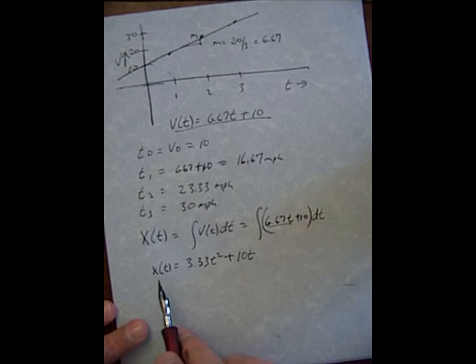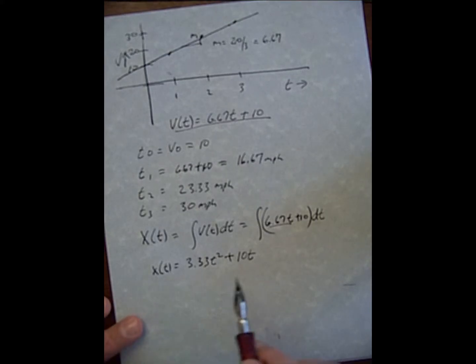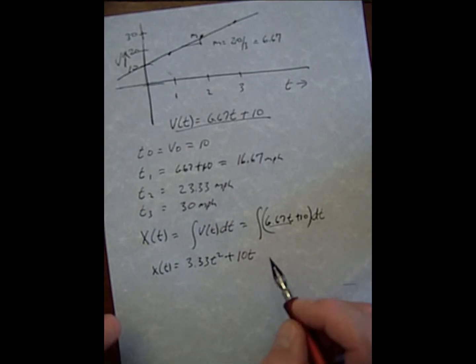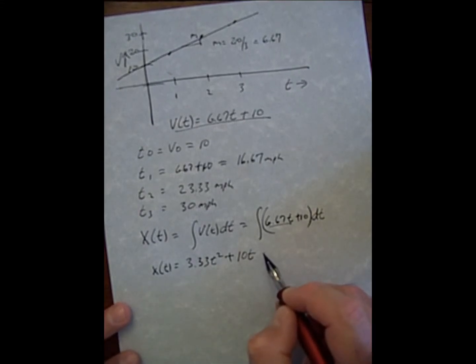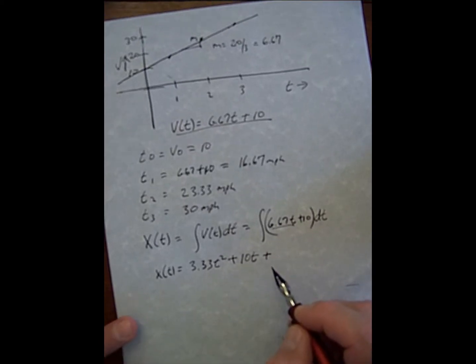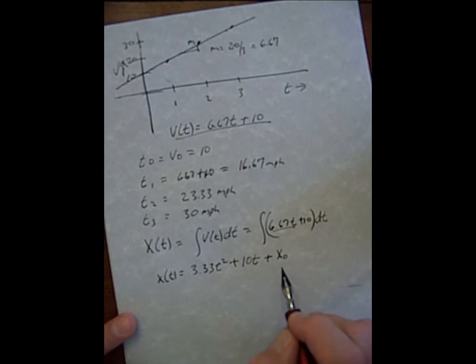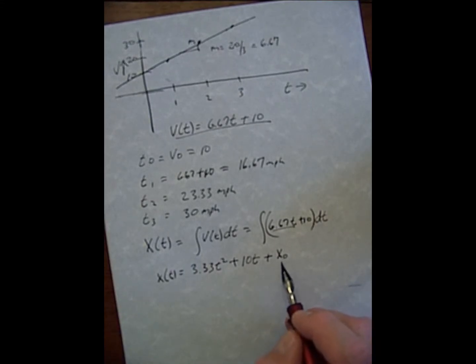This tells you where you went, in this particular time. It doesn't really tell you where you started from, though. So we're going to add a value here, a constant. We're going to call it x of 0, because we don't really know how far we've gone before we started moving along this velocity trail.